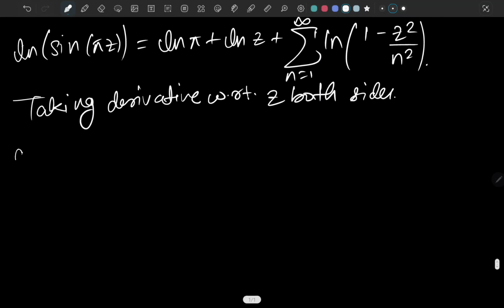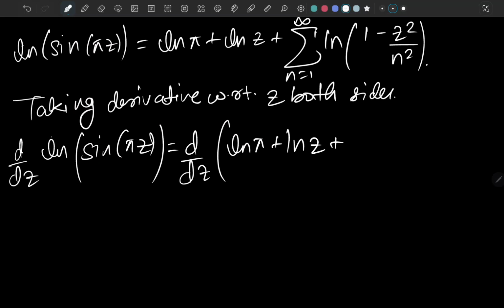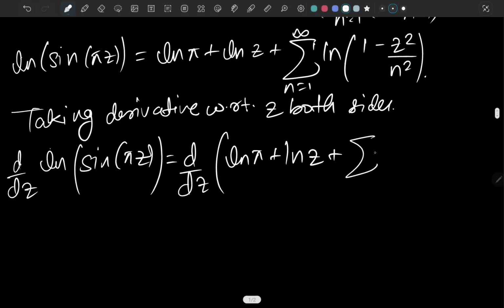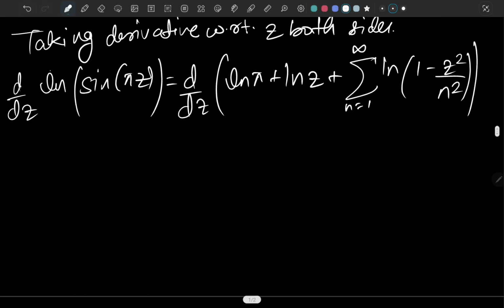I'm talking about d over dz of ln of sine of pi z, and d over dz of this whole big chunk, the sum as n goes from 1 to infinity of ln of 1 minus z squared over n squared. Now we can consider taking the derivative of this right hand side.